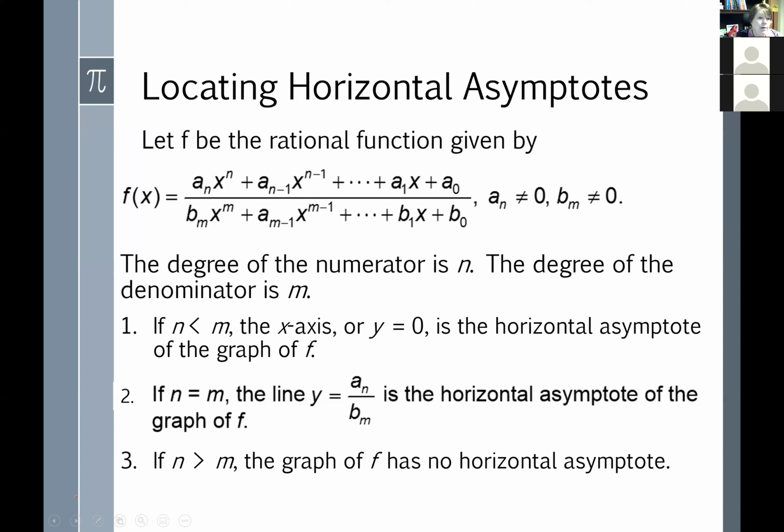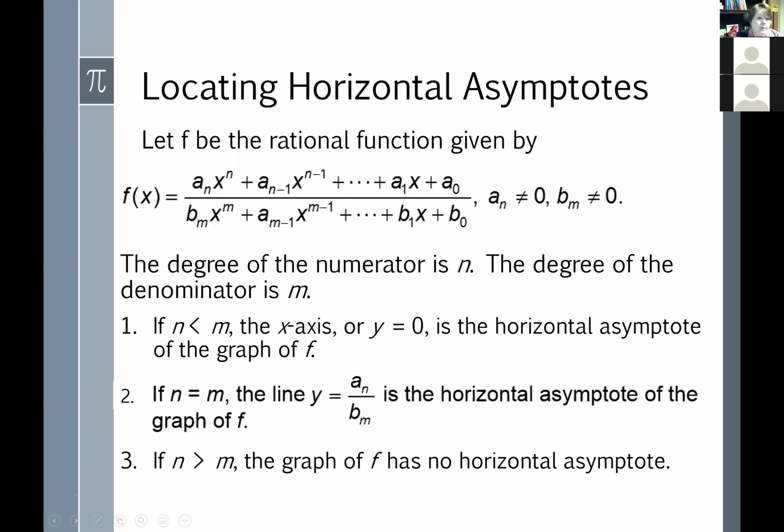So if the numerator's degree is less than the denominator's degree, as x increases without bound, as x goes to infinity, then y goes to 0. And we'll demonstrate that here in just a minute.